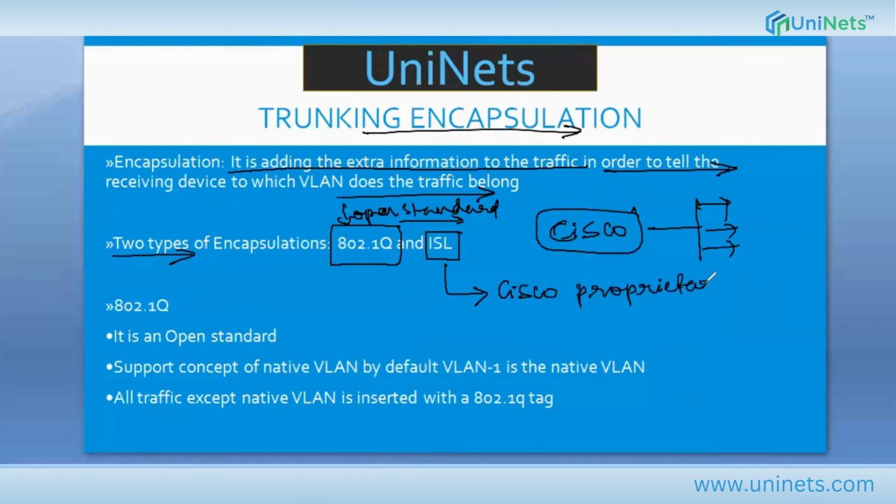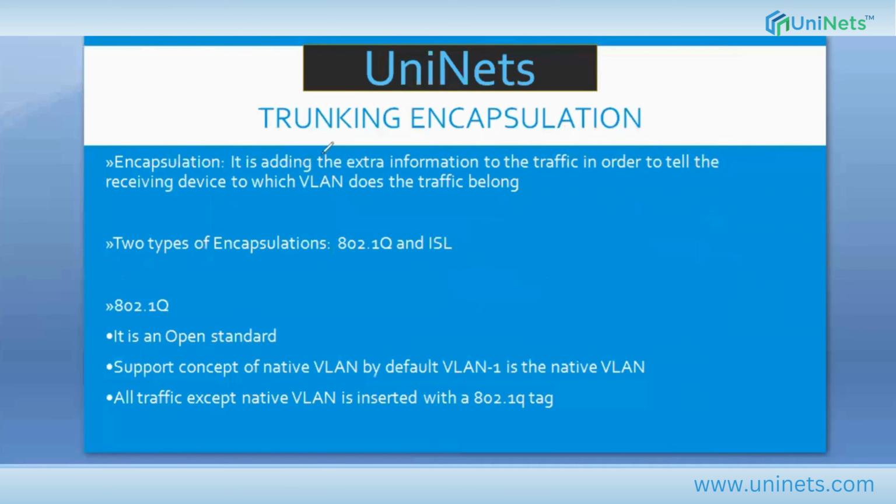This means only Cisco devices can understand this. Other than Cisco, no switches or vendors can understand this. Clear? So how many types? Two types. One is 802.1q open standard, and the other is ISL.